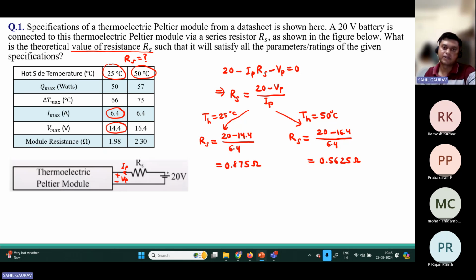So we will select this higher value. So RS is taken as 0.875 ohm.